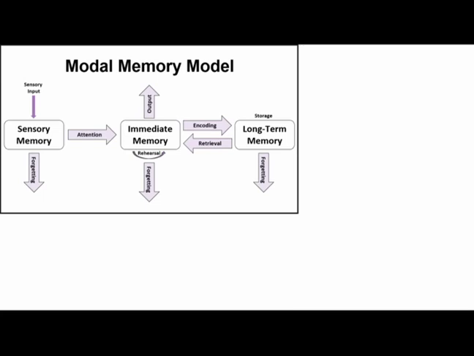But if something in our sensory memory is deemed worthy of attention, we can bring it into our immediate memory. We talked about immediate memory as a fancy term that combines short-term memory and working memory: anything that we're holding on to temporarily. If we've paid attention to something, we bring it into our immediate memory.